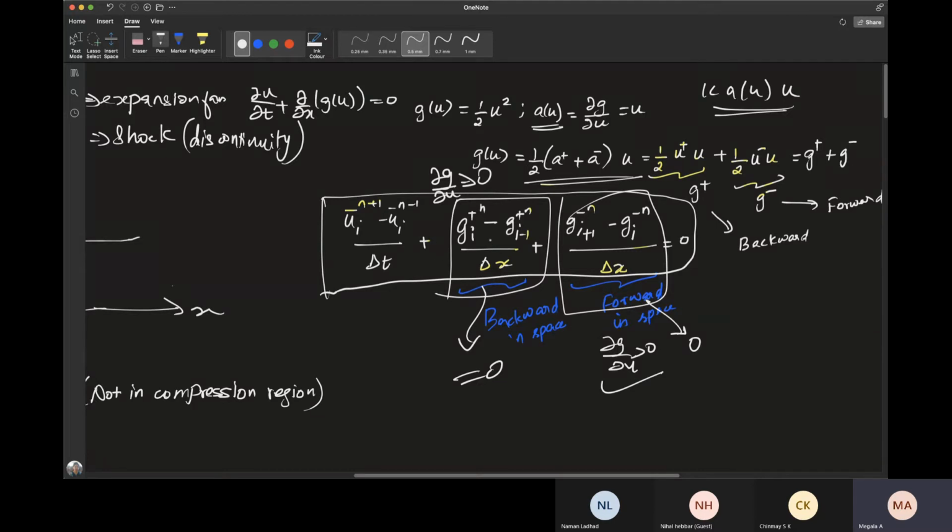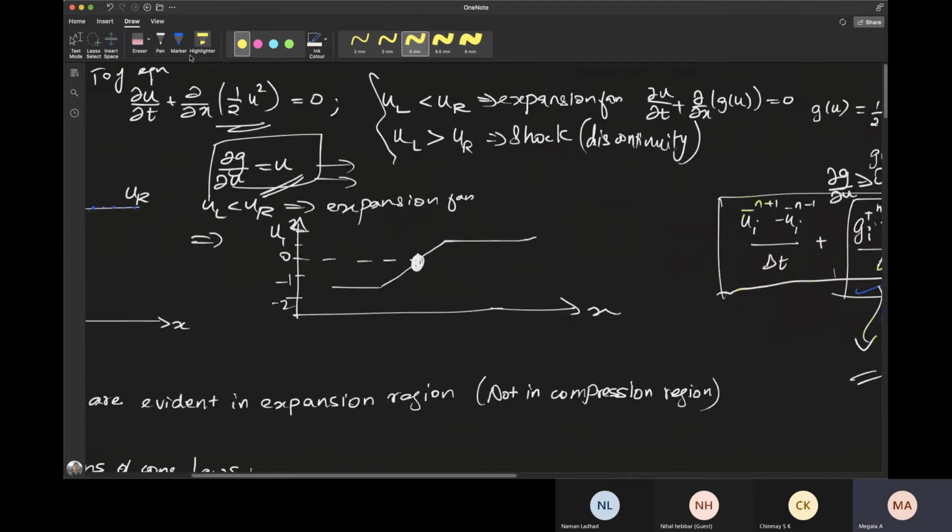So we switch between forward and backward differencing by looking at the sign of dou g by dou u. Although we have one full equation consisting of both forward and backward differencing operators, when we do the computations, either this will be on or this will be on. Both of them cannot be on together.